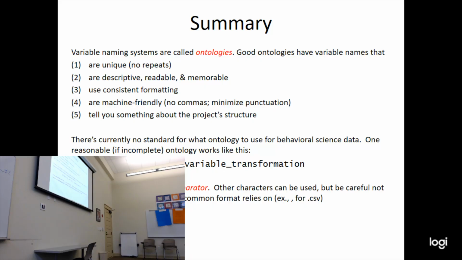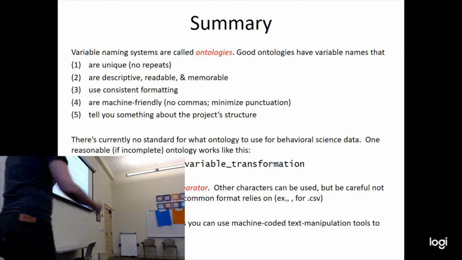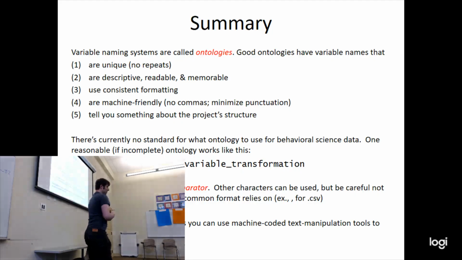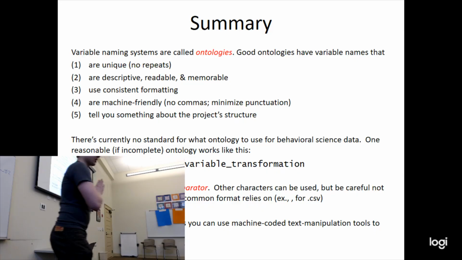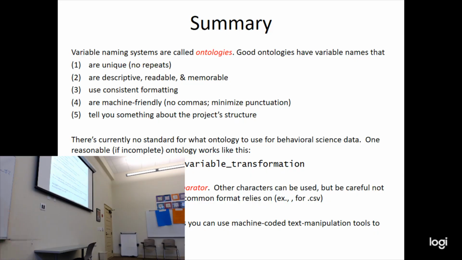Use a consistent separator when you're coming up with variable names. And the real benefit of ontologies is not only a way of documenting what's in a data set for easy use, but it also makes you more efficient if you use some extra programming functions. I recommend that you look into that if you want to be fast at this stuff. All right, thank you very much.